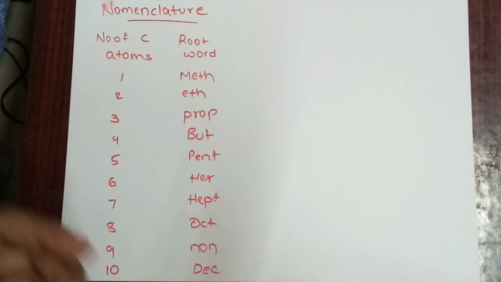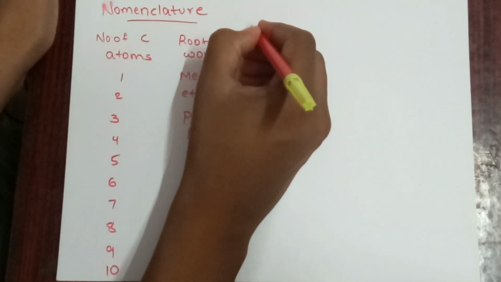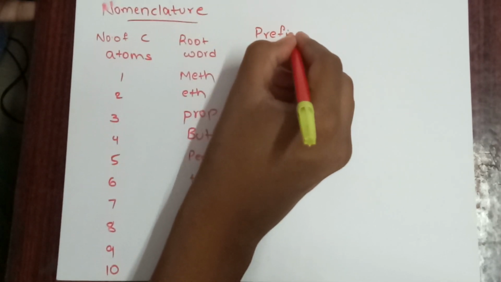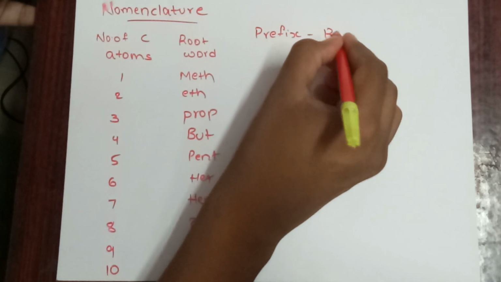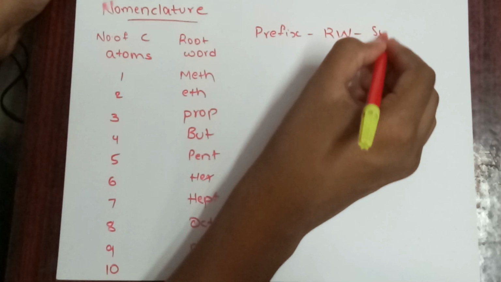But if you want to write in brief, it does not include any bonds. For brief, the format will be prefix, root word, and then the final one is suffix.